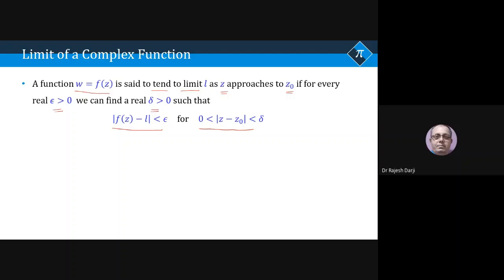In this definition, the value of modulus z minus z0 must be greater than 0. It could not be 0 because value of z is different from z0.